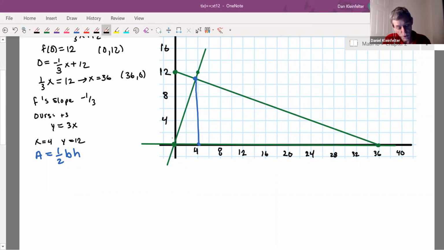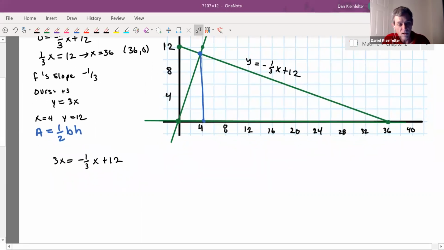So where those two cross, the line y equals 3x matches the line y equals negative 1/3 x plus 12. So where they cross, those two y values will need to be equal to each other. So 3x equals negative 1/3 x plus 12 where they cross.